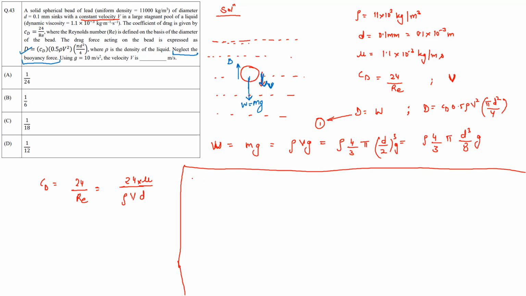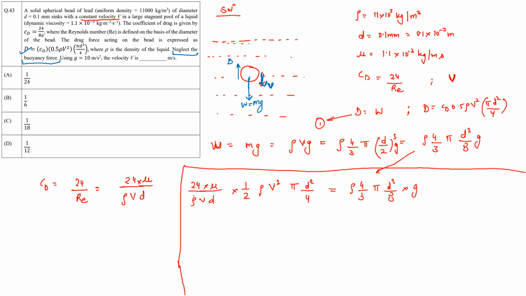So now first let's see D. So D is CD, which is 24 times mu over rho times V times D, into 0.5. 0.5 we can write as 1 by 2 rho V square pi D square over 4, and this will be equal to the weight of the ball, which is just this one. So here we can write rho 4 by 3 pi D cube over 8 times g.